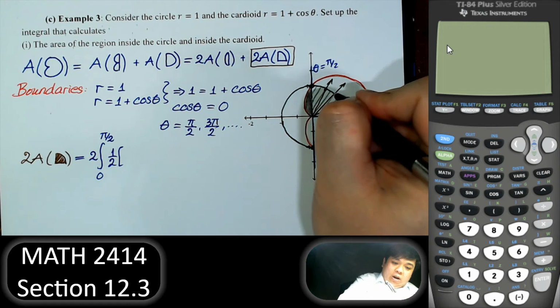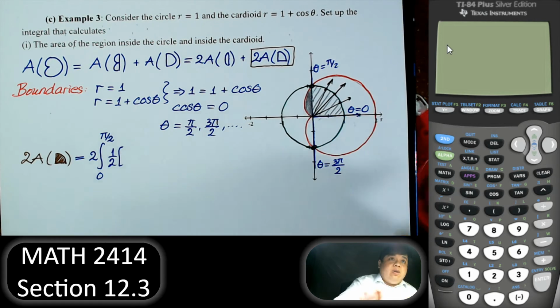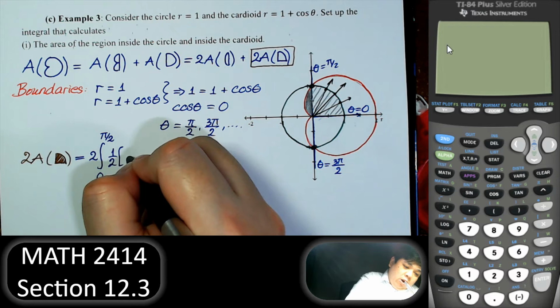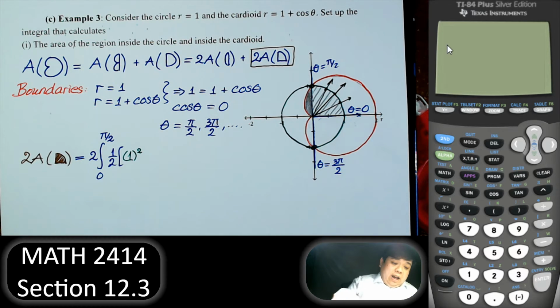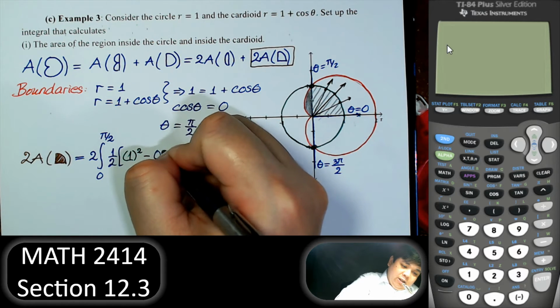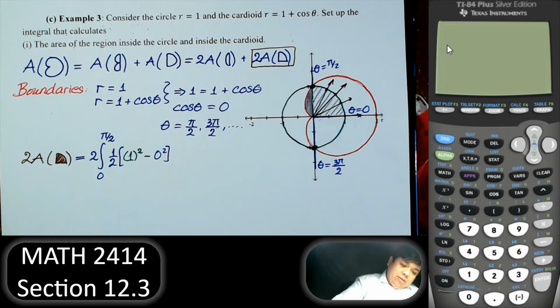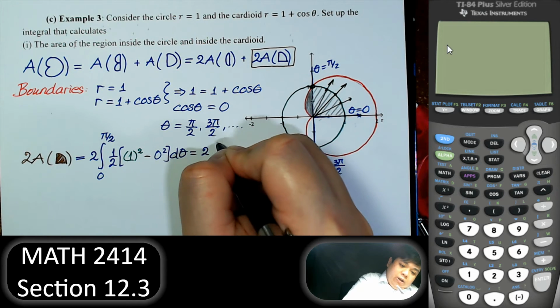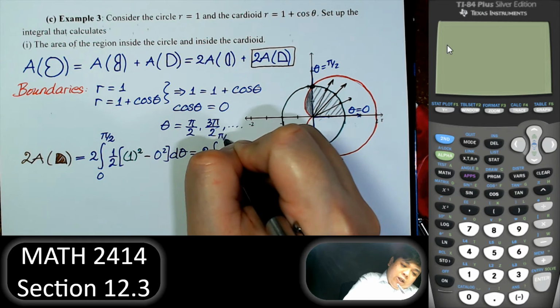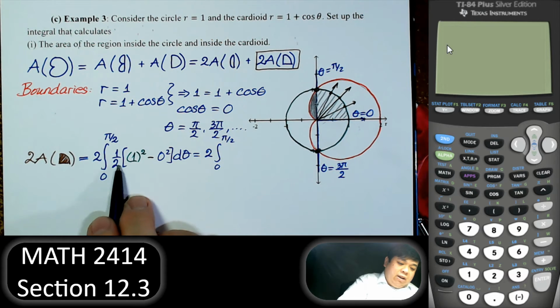We only see the one function, the circle, which will be 1 squared. And there's nothing on the inside. So we have 2, integral from 0 to pi over 2, and that's just 1/2, right?